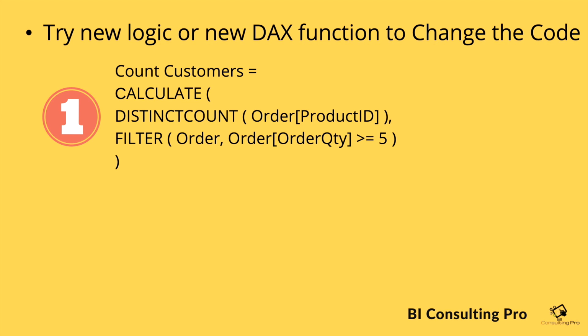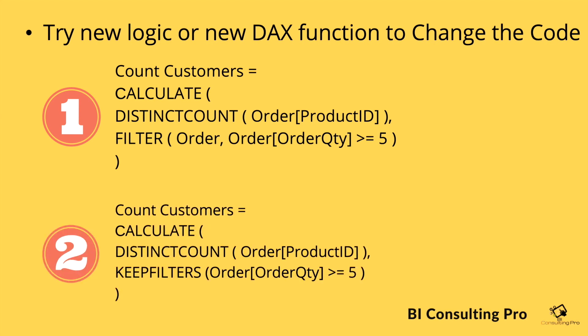If rather than this code I use the second code over here, count of customers, I'm using DISTINCTCOUNT again, but in the third step you will see I'm using KEEPFILTERS with order quantity greater than or equal to 5. You would experience the performance difference between these two functions. So what overall I'm trying to say is: always analyze the performance of your DAX.